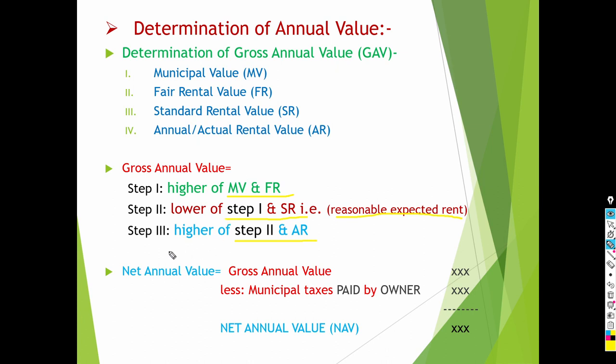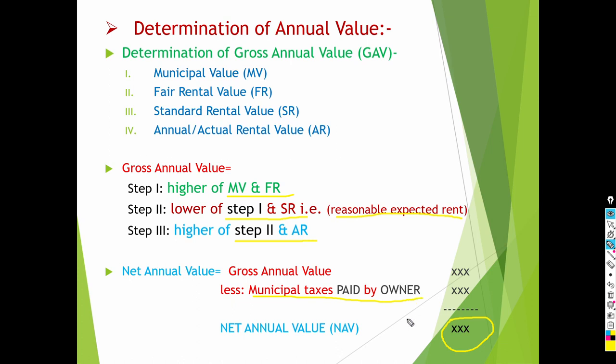Now, second stage is to determine the net annual value. Then how to determine the net annual value? For that purpose, you have to deduct municipal taxes paid by the owner from the gross annual value. Then you will get the net annual value. Here, municipal tax payable by any other party cannot be deducted from gross annual value.